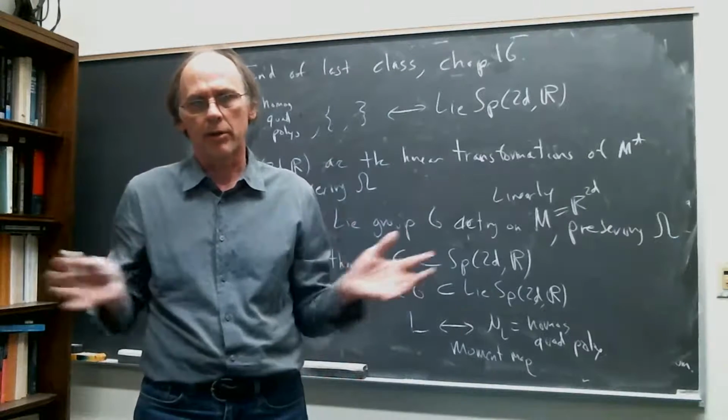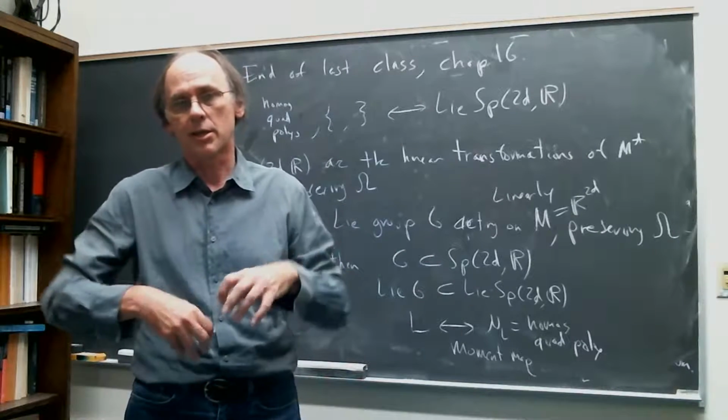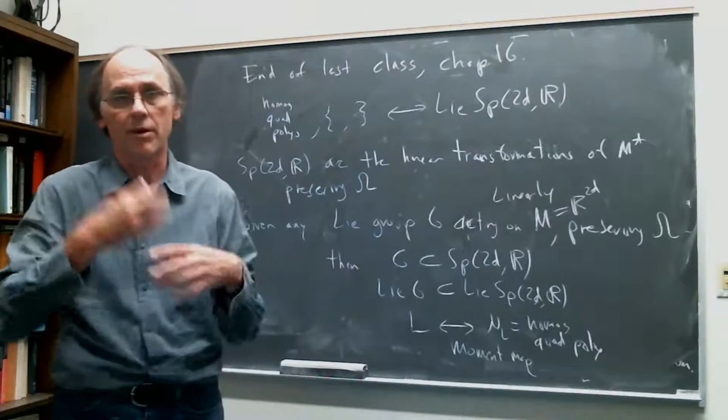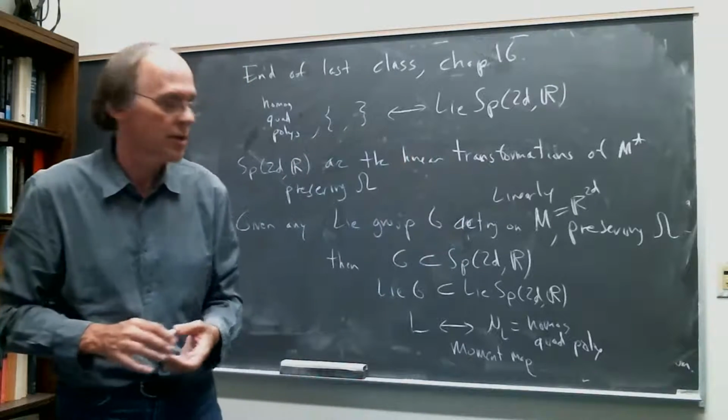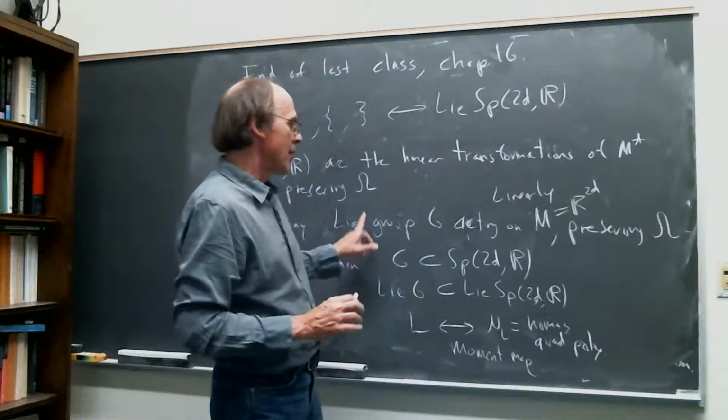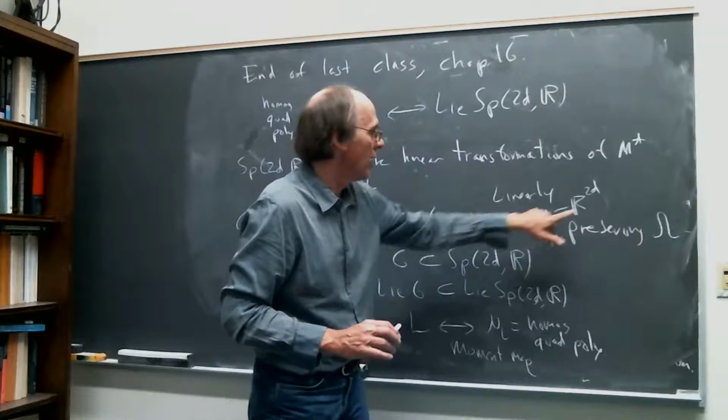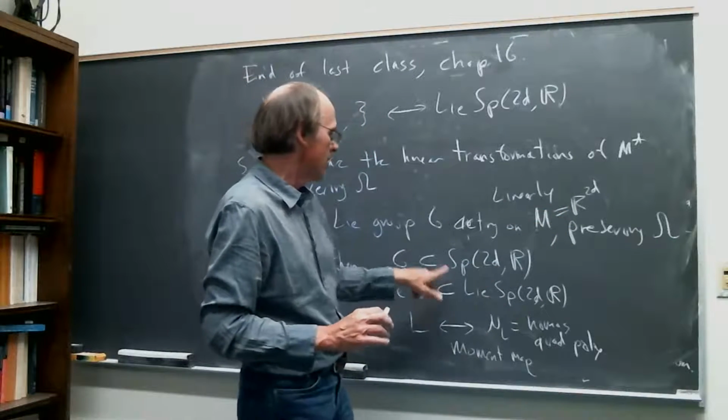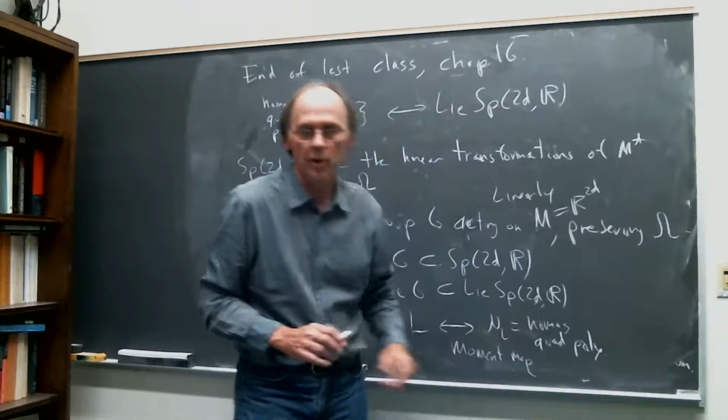For instance, the functions are not necessarily quadratic; they can be any complicated function. Here you're talking about linear actions on R2D, and then you're getting quadratic polynomials.